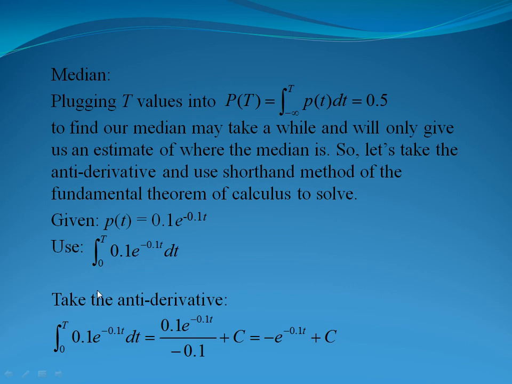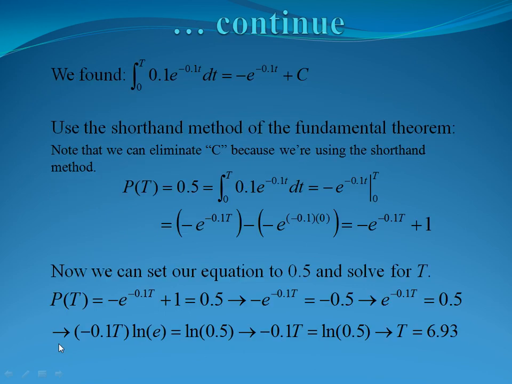Now we take the antiderivative of our function, which will give us 0.1 e to the negative 0.1t divided by negative 0.1. The 0.1's cancel, so we have negative e to the negative 0.1t plus c. But now, let's involve our bounds. Using the shorthand method, we can eliminate c because we're now plugging in our bounds. So we have negative e to the negative 0.1t from 0 to capital T.